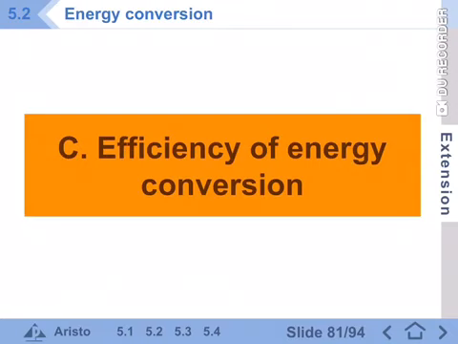Okay, in here we talk about the efficiency of the energy conversion. In terms of physics, efficiency is key to everything. If you can achieve 100% efficiency, you have a perfect system, which is impossible at this moment, but it's one of the ideas that people are trying to achieve, having higher and higher efficiency.